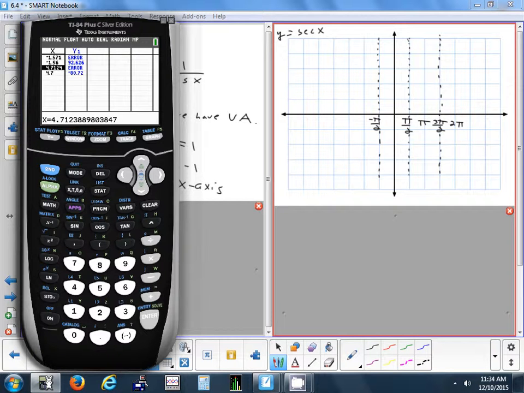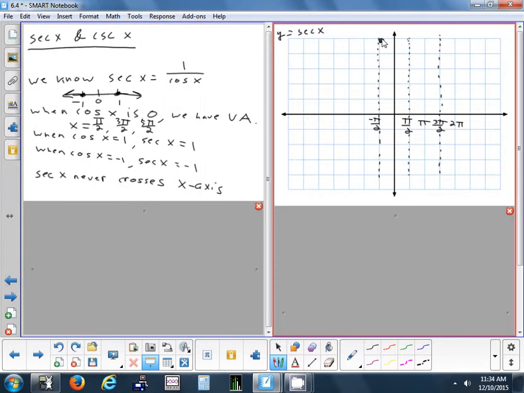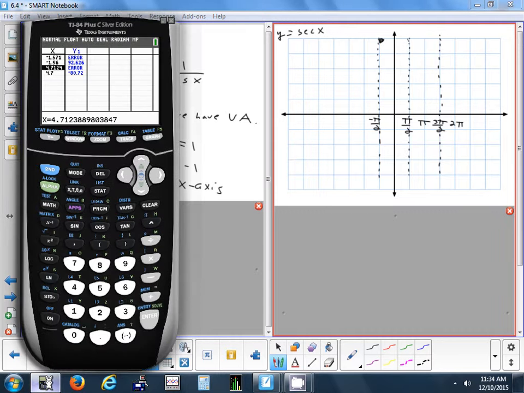Okay, so I'm up very high. Let's check a point just before pi over 2. What's a value that's just before 1.57? 1.56. We're up very high again.